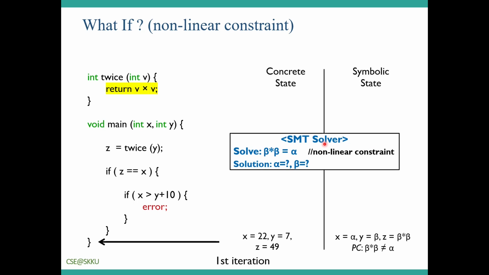So let's suppose that the SMT solver being used does not support nonlinear constraints, such as squares or multiplication of symbolic variables. Then it cannot solve this constraint beta times beta equals alpha directly. Although in reality, some advanced SMT solvers do support nonlinear arithmetic, let's assume for now that our solver does not.